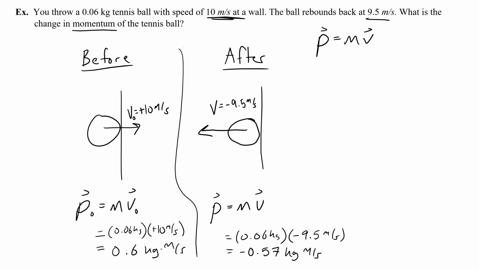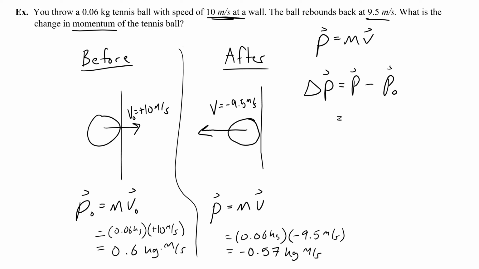This is a positive, so to the right momentum, as the object is moving right, and this is a negative momentum because the object is moving to the left. So what do I do to find the change? Well, the change of momentum is just going to be the momentum in the end minus the momentum in the beginning, right?